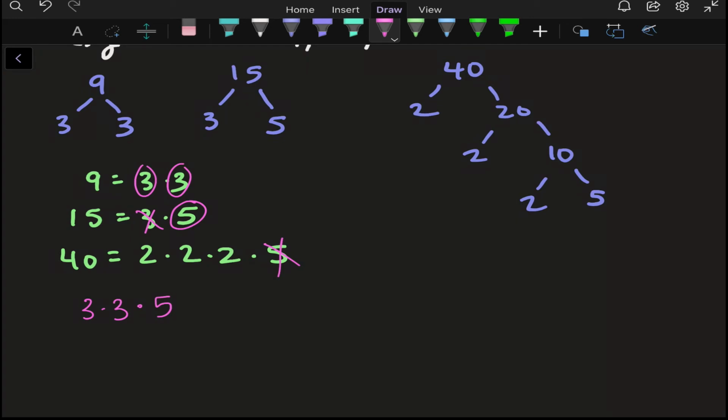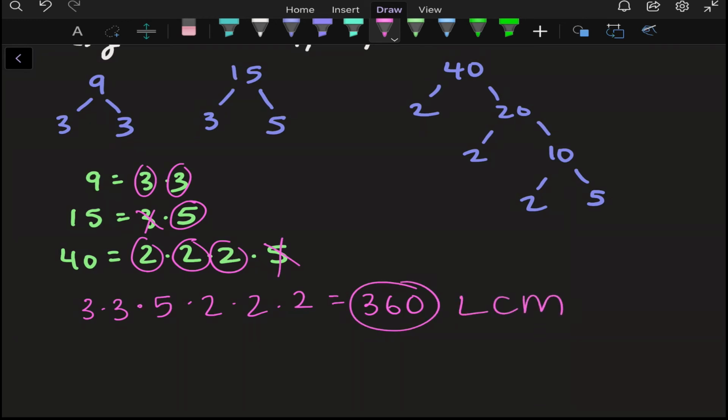We can grab the 5 from 15 or from 40. And then what we're left with is 3 2s, and since there's no other 2s, we're going to take all 3 2s, and that gives us an answer of 360, which is our lowest common multiple of 9, 15, and 40. Okay?